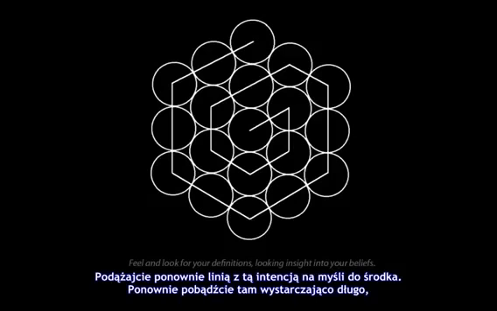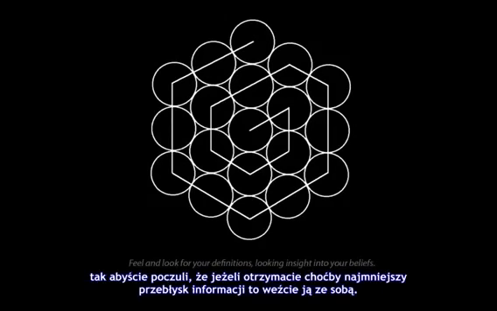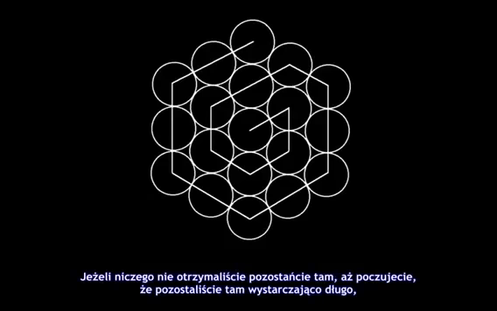Follow the line down again with that intention in mind to the center. Again, hang there long enough so that if you've gotten any kind of even a slight flicker of information, then take that back up with you. If you get nothing, stay there until you feel you've stayed there long enough, and then move. Go back out.